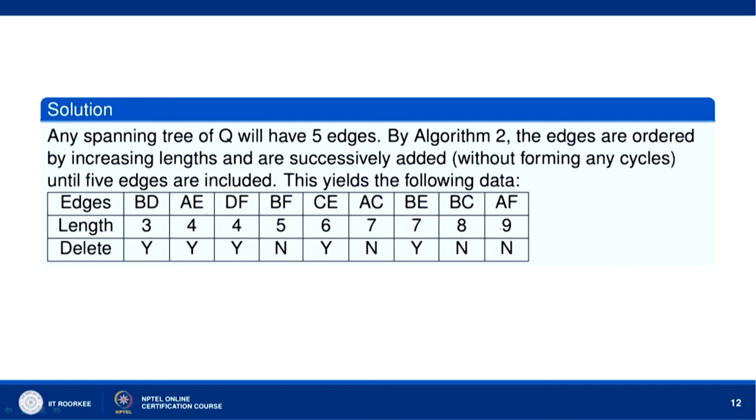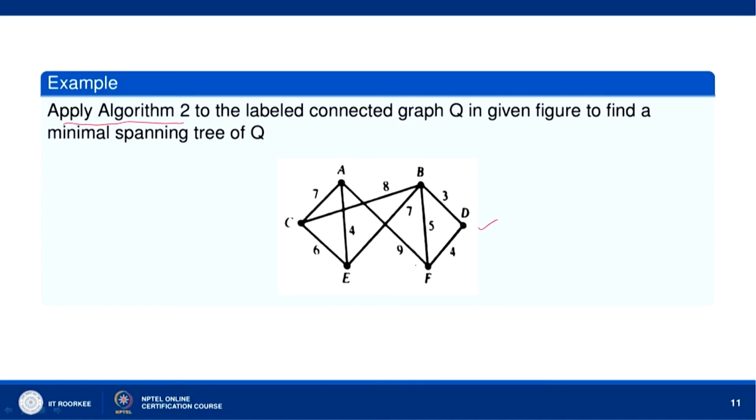Okay. Now, here the number of vertices is equal to m, which is 6. So, the minimal spanning tree will have 5 edges.